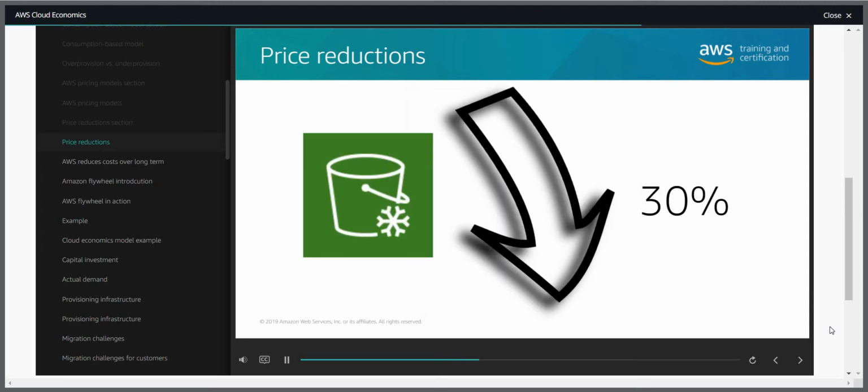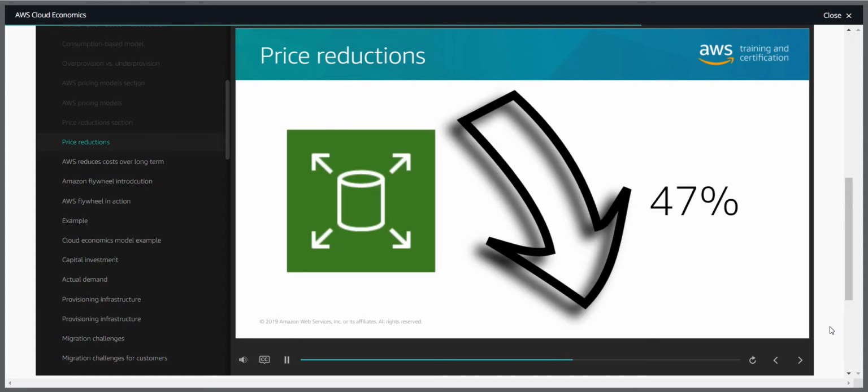For instance, when AWS reduced the price of Amazon Simple Storage Service Glacier, or Amazon S3 Glacier, by 30%, all S3 Glacier customers immediately started paying 30% less that month. This allowed our customers to use the savings to pursue new projects.